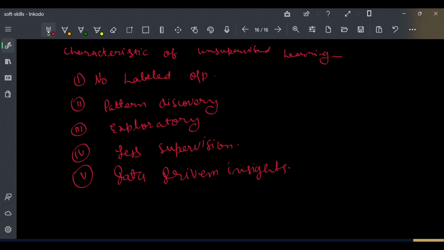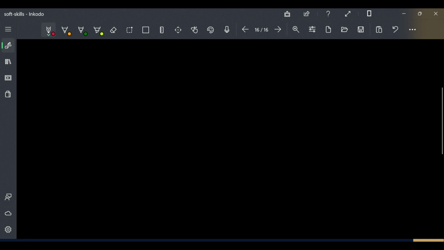The main techniques which we use in this are clustering and dimensionality reduction.